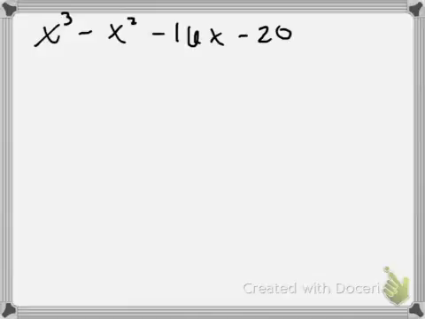Okay, so for factoring polynomial functions, you have your equation. So you would find the GCF of 20, all of them. So it'd be 1, 2, 4, 5, 10, and 20. 20 has a lot.